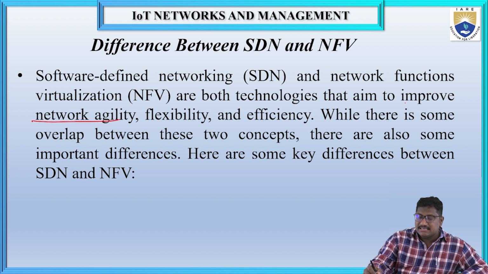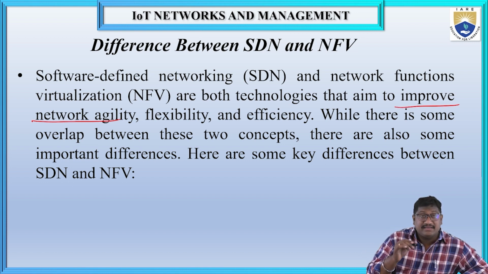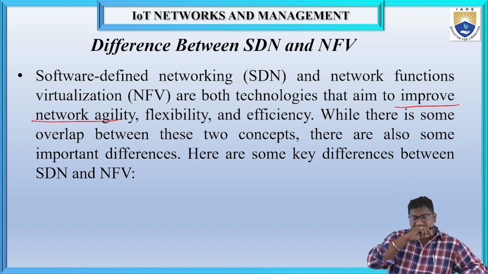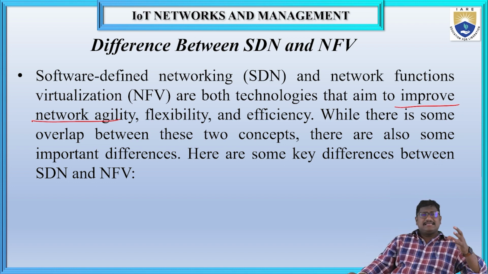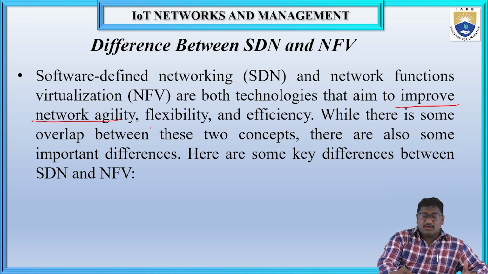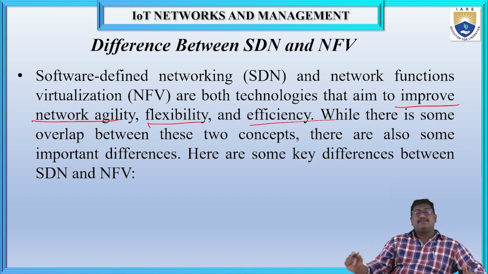In a network there is a factor where there are some kinds of congestion or some kind of network dropping of the internet connectivity. Those factors can be avoided by improving the network agility, network flexibility, and also the efficiency in the network. We'll use these two technologies together.